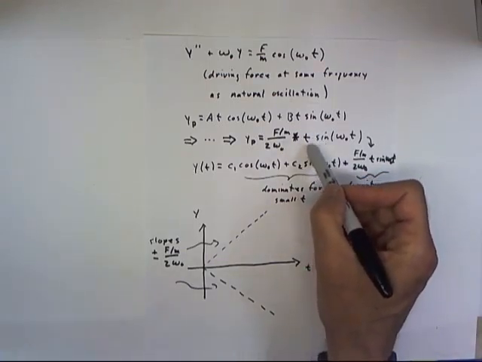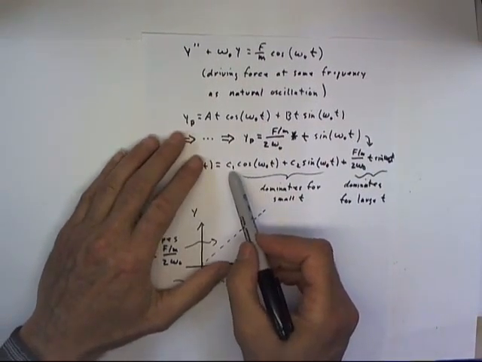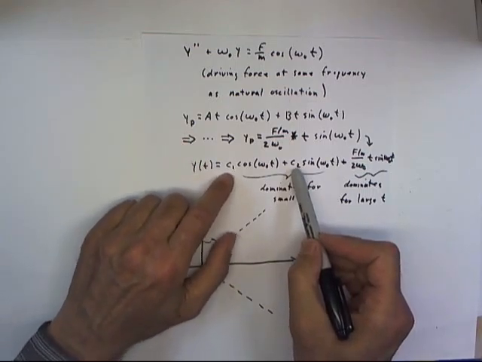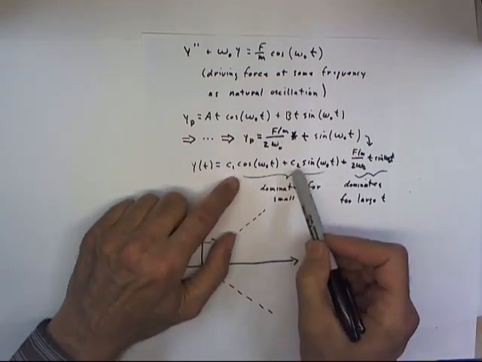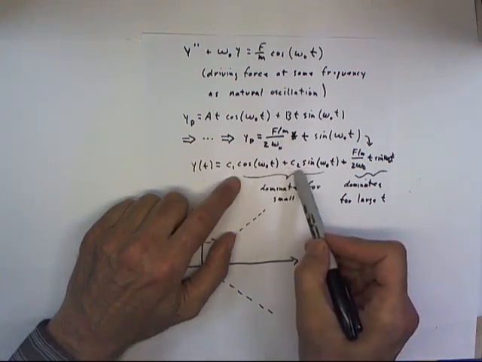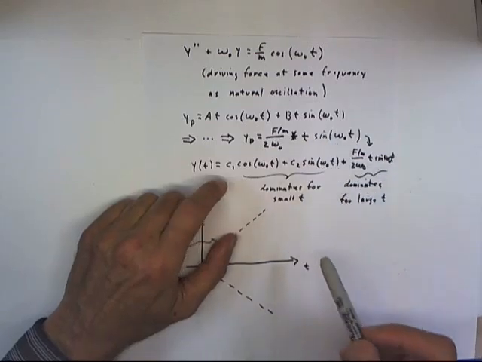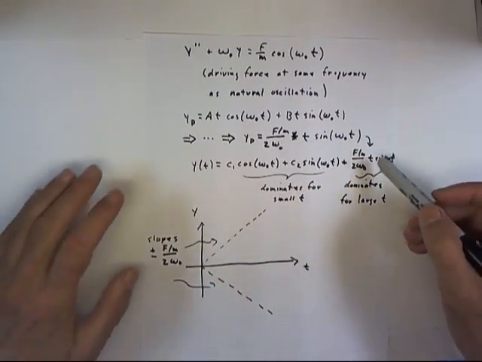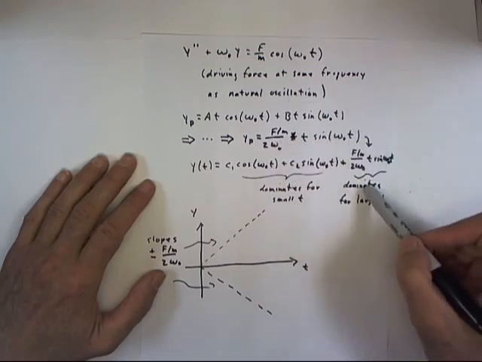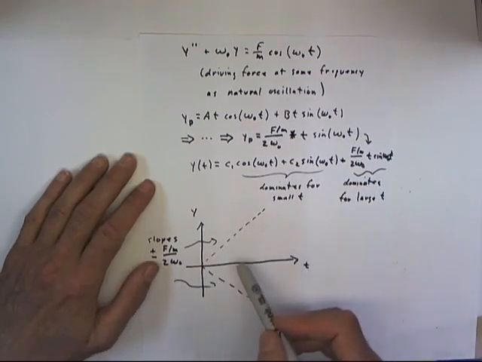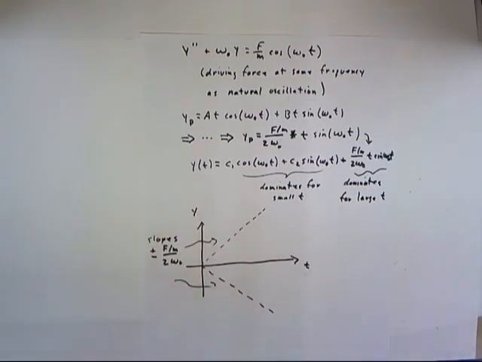And once t gets big enough, whatever the coefficients C1 and C2 are, they are constant, so that the amplitude of these oscillations has to be limited. This is not limited, so that in the long run the behavior of the particular solution is what dominates the behavior of the solution to the equation.